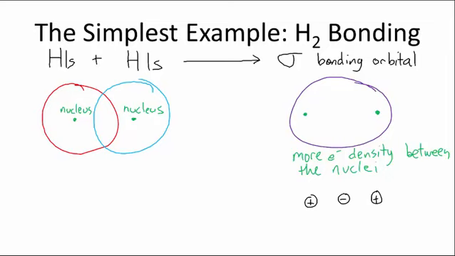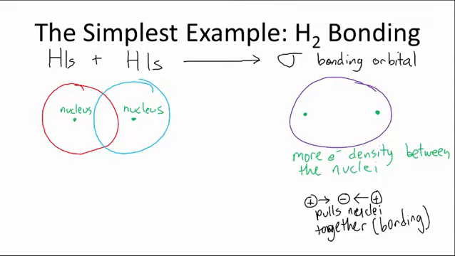It pulls the two nuclei toward the middle, right? This pulls the nuclei together because that's the electron density. Remember that the orbital represents the electron density. So we call this bonding because it's pulling the nuclei together.